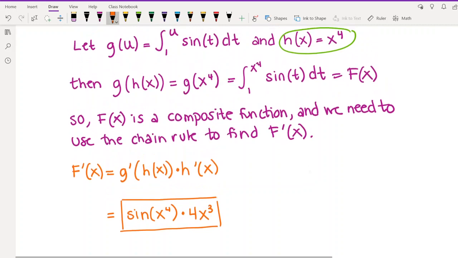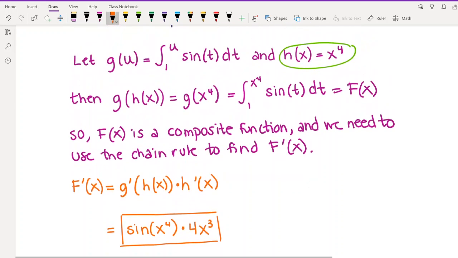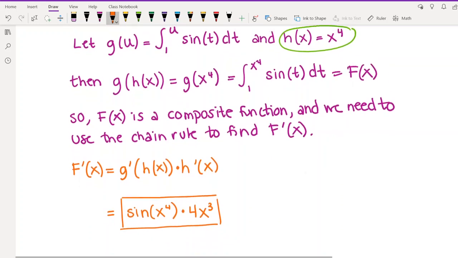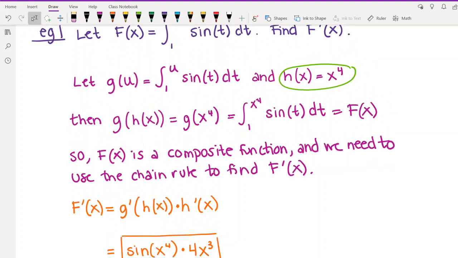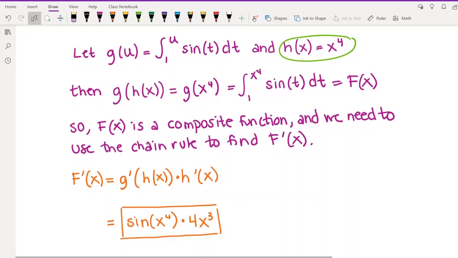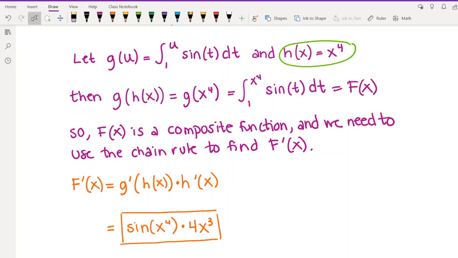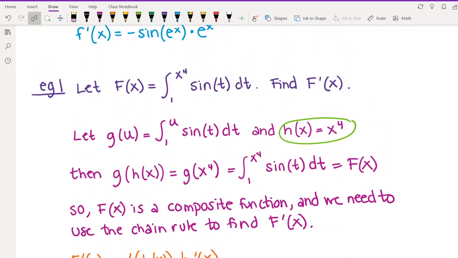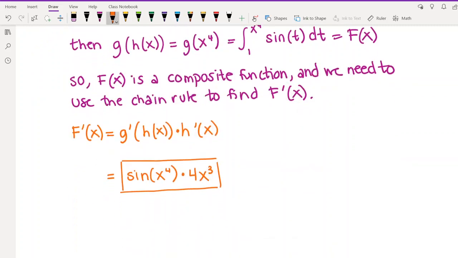So, where did this answer come from? It came from the chain rule. If you find all of this confusing, I think it's not too hard to figure out where your answer came from without using the chain rule. So going back to our original problem, basically all we did is we applied FTC the same way that we normally would, except that instead of replacing t with x, we replaced it with x to the fourth, right? So that's why we got, instead of just sine of x, sine of x to the fourth.